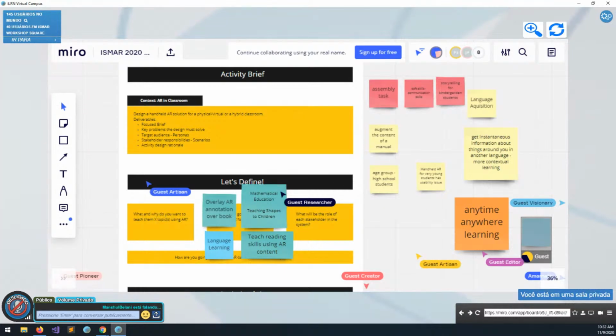Should we move on to the personas part of the activity? I was saying, Bradley, should we move on to the personas part of the activity?